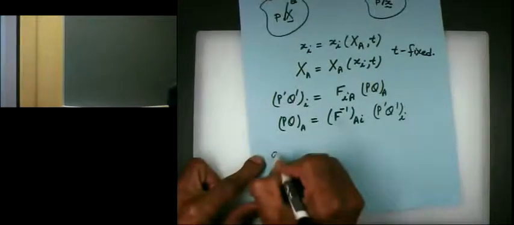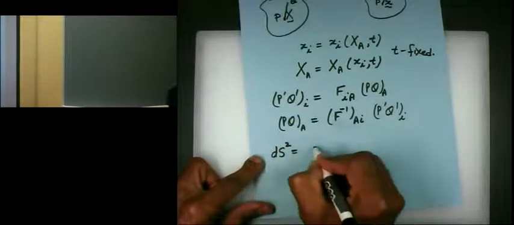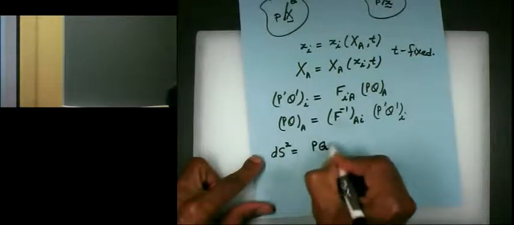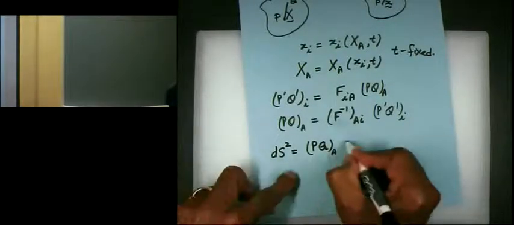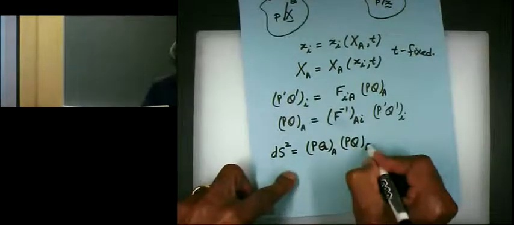So what is ds square? So that's PQ_A, PQ_A. So that's the x component of PQ squared plus the y component of PQ squared plus the z component of PQ squared.